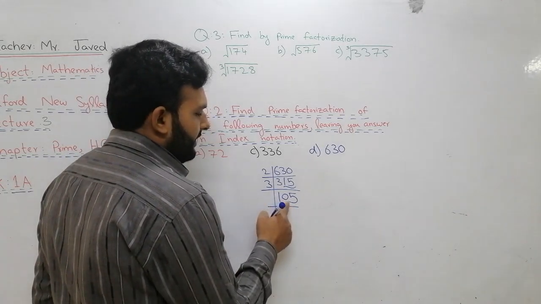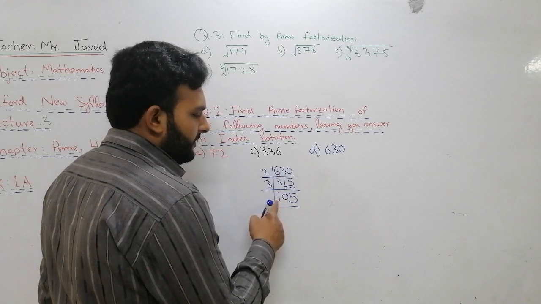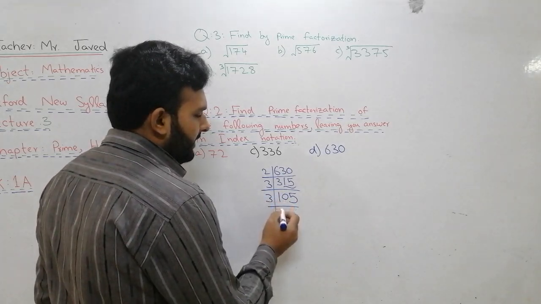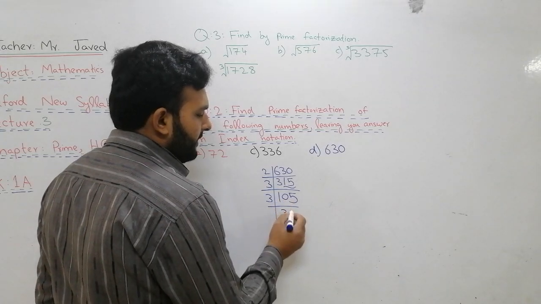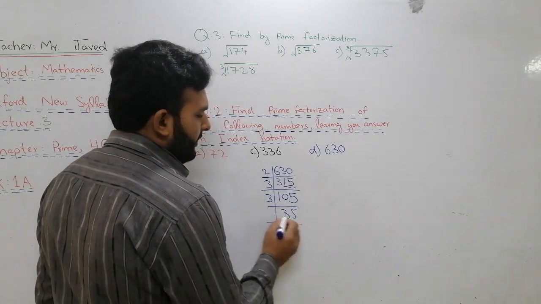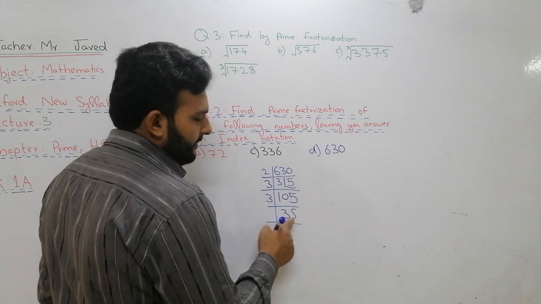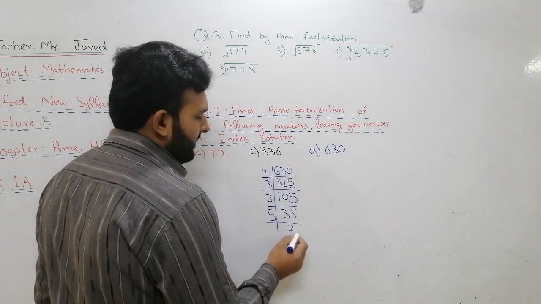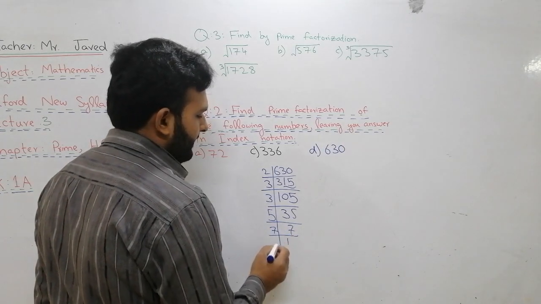Now we will add these two: 5 plus 1 is 6, plus 0 is 6, so it is again divisible by 3. 3 threes are 9 and 3 fives are 15. And now after adding 5 plus 3 is 8, so it is not divisible by 3. So we will take 5 sevens are 35 and 7 ones are 7, like this.